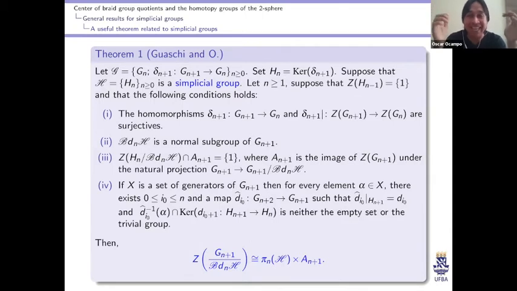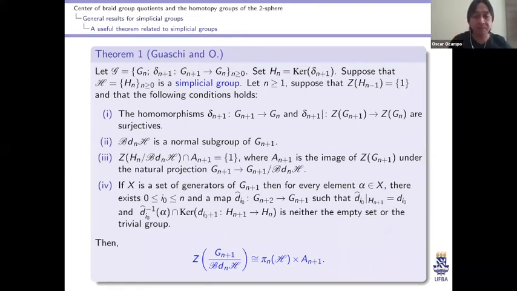Of course, all these conditions are satisfied by pure braid groups, in particular for braids over the disk, but are satisfied by braids over other surfaces also. Just to mention, if we take pure braid groups in the numerator, we will have in the quotient some kind of boundary.